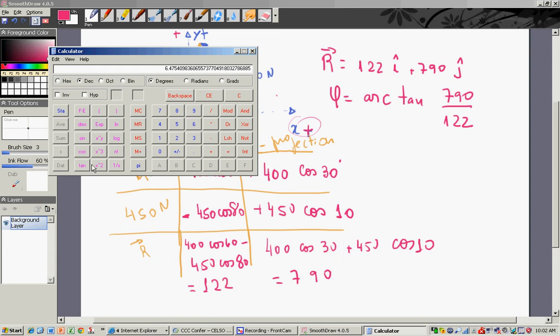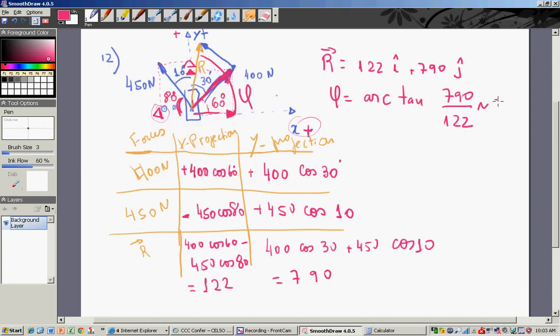So we go to our calculator, take 790 divided by 122, equal, and then we want to find the arc tangent of that. I think that's how we go. So 81 degrees. Okay, good enough.